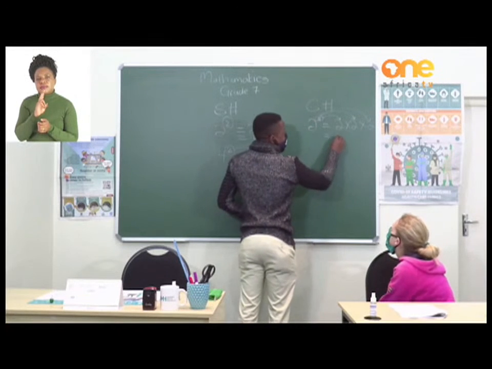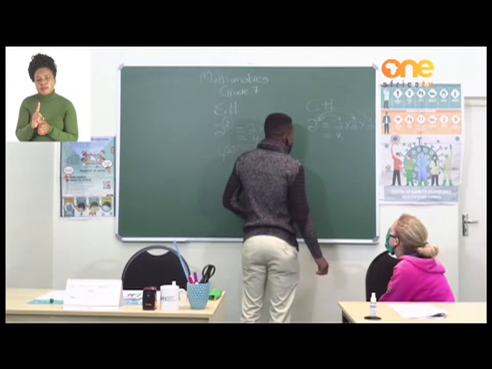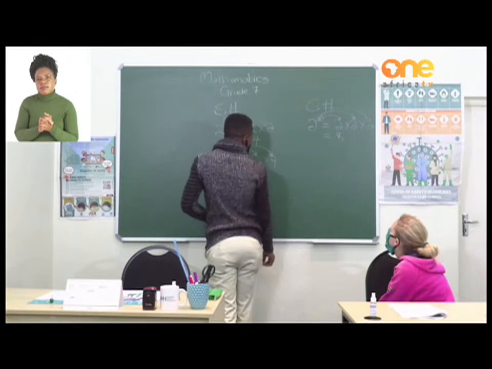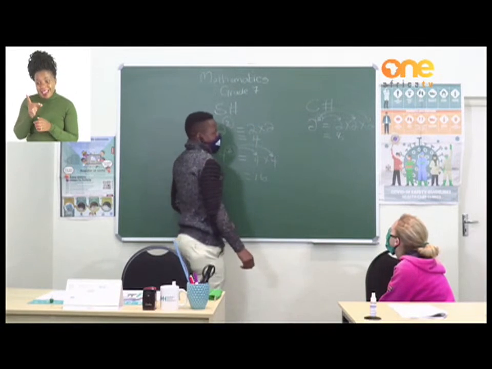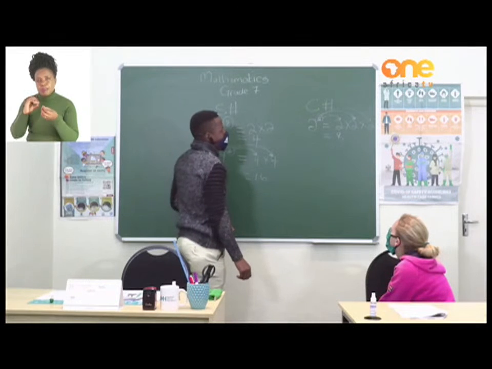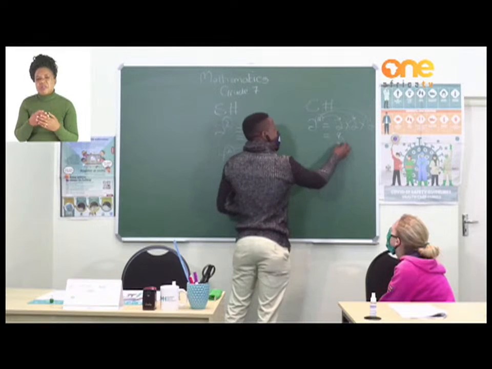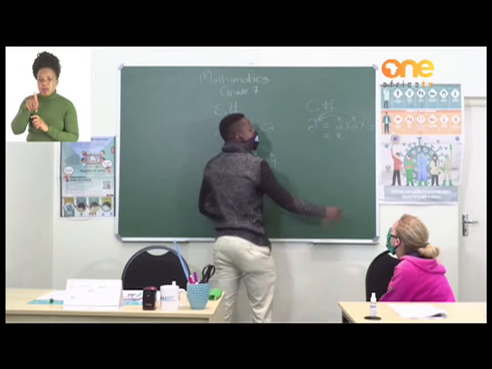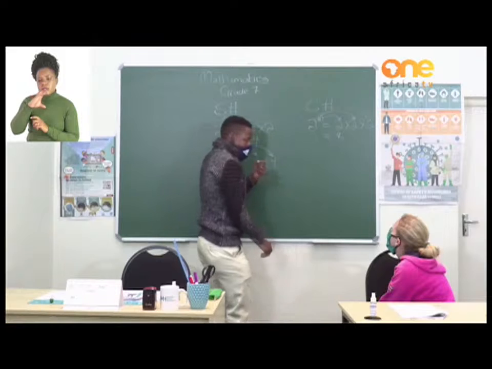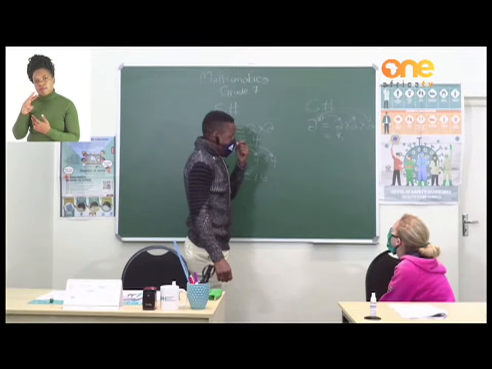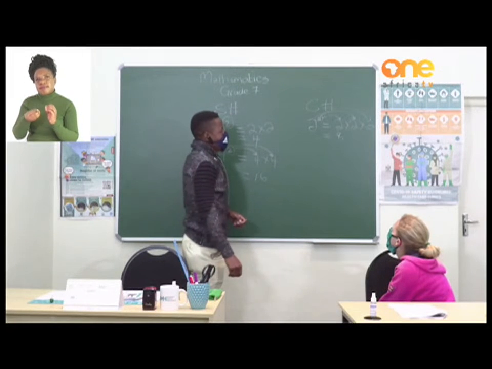So 8 is a cube number. We can also say 8 is a product because it came from multiplying numbers. And we said an answer to multiplication is called a product.